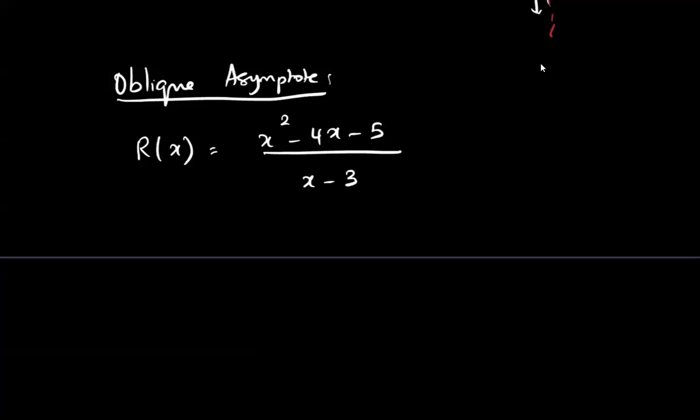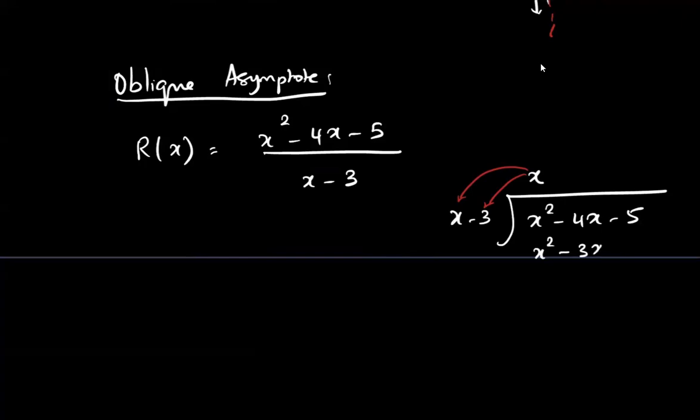You do long division. x times x is x squared. That's what you need. And then you distribute. So you end up with x squared minus 3x. Subtract. This and this cancel away. This negative will become a positive. So when you add them up, negative x minus 5.